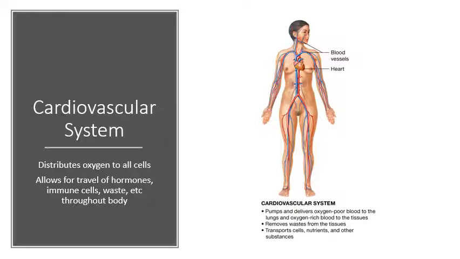Also, hormones travel in the blood to reach different parts of the body. Immune cells are in the blood, so they can go all over the body wherever they're needed. Waste products that your cells produce will enter the blood and be carried to a place where they can be excreted. So the cardiovascular system is transporting things around the body, both nutrients and signaling molecules and wastes, all different types of things.